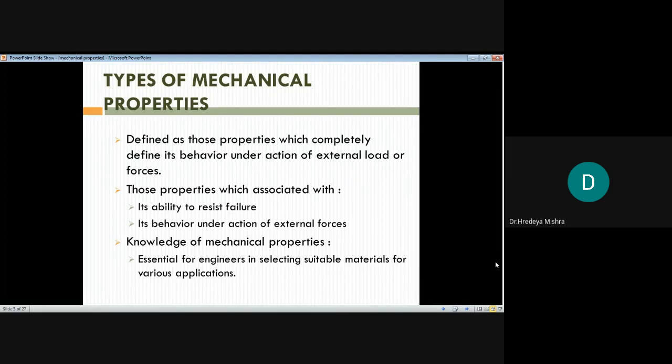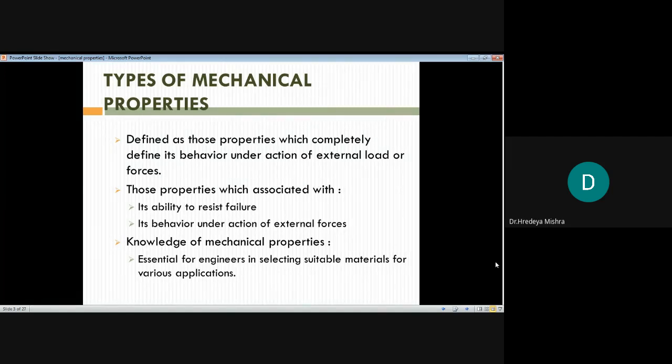Okay, so next, those properties which are associated with its ability to resist failure. To resist failure means, first I will tell you the difference between failure and breaking or fracture.